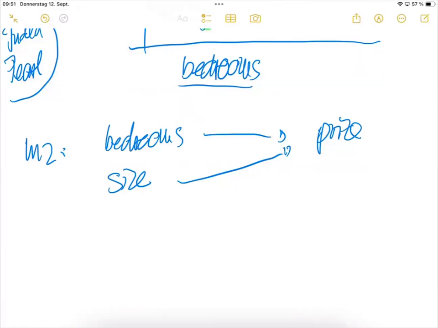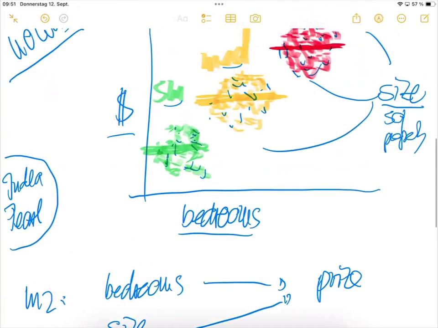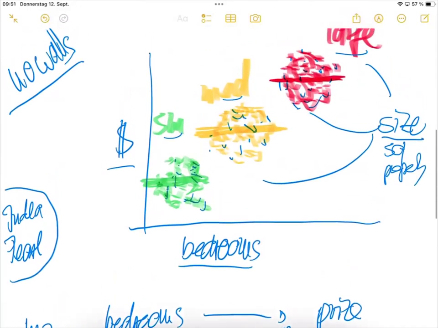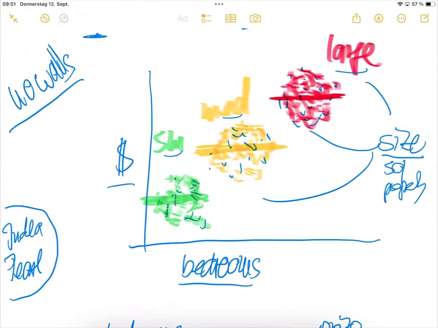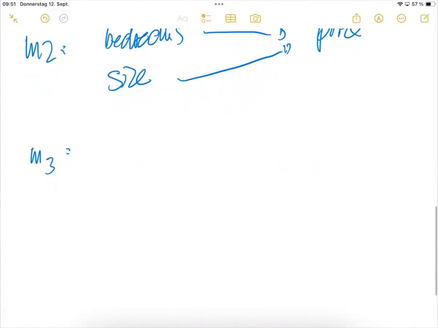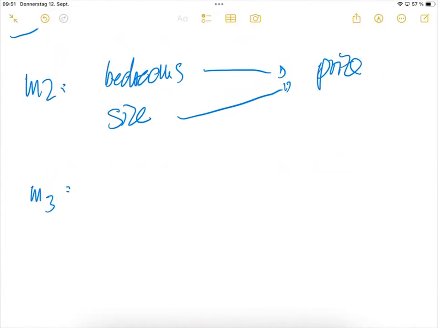But there's also a third model that comes to my mind, which is the model of spurious correlation. And here this diagram with the three colors has a certain feeling to me that a confounder model could take place. A confounder model is typically this fork type model. Let me show you.